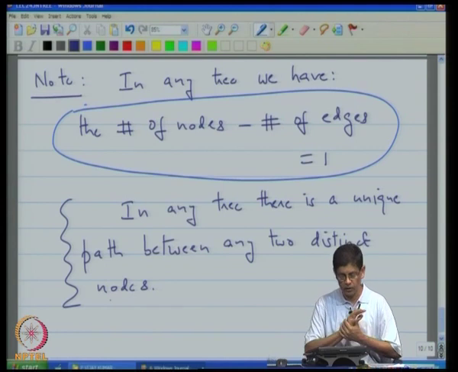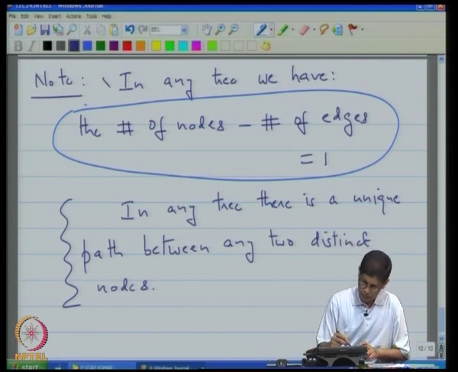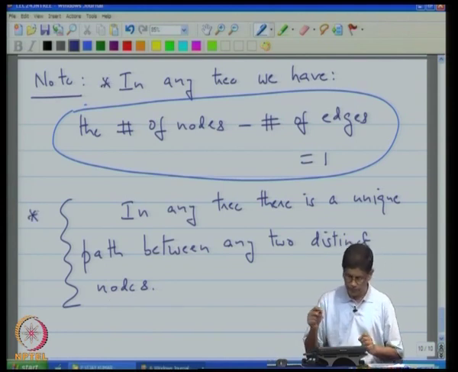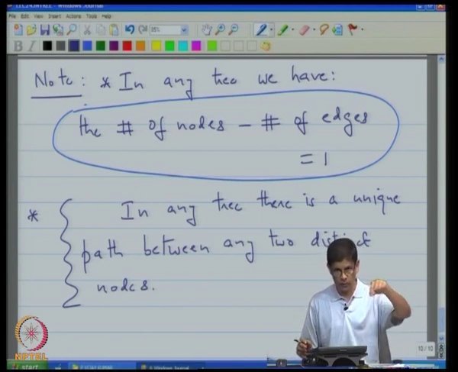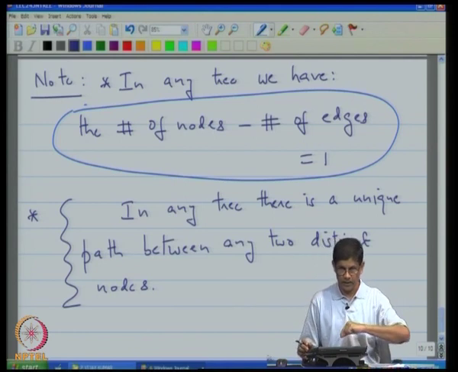That is not hard to see, because if you had more than one path, you could go from node A to node B along one path and return by the other, and that would create a cycle.